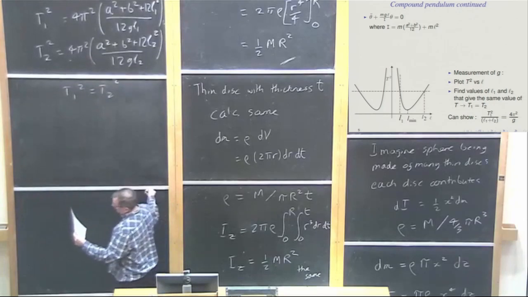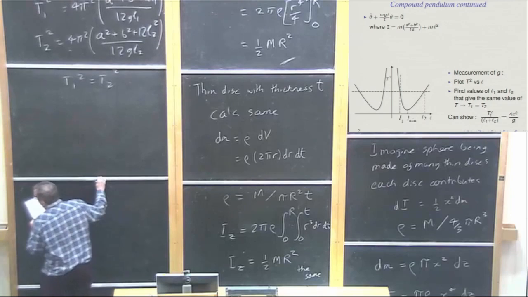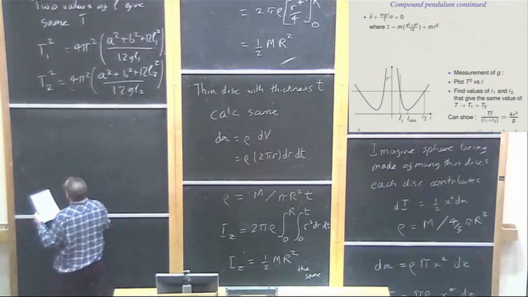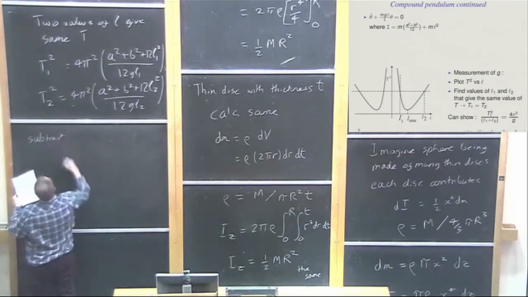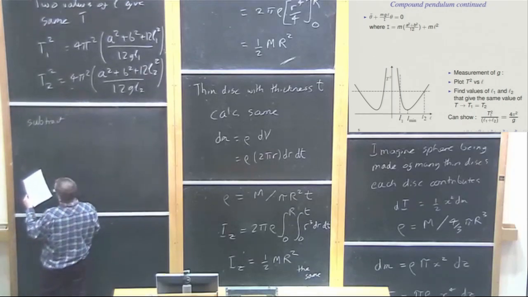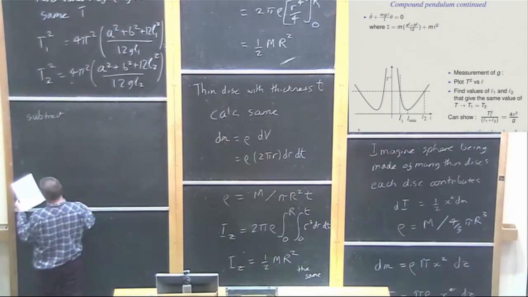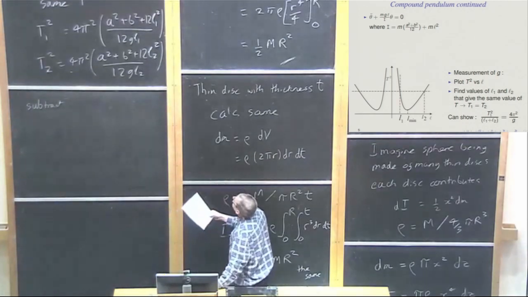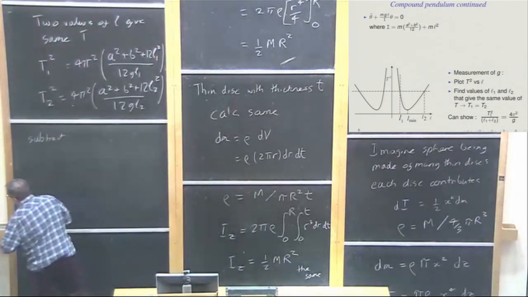It's always good to look at your notes before you come in. Well, let me not make this statement yet, because that will look confusing. Let me just subtract. So then we get T1 squared, I'm confused myself, actually. No, I know what I'm doing. I do apologise.